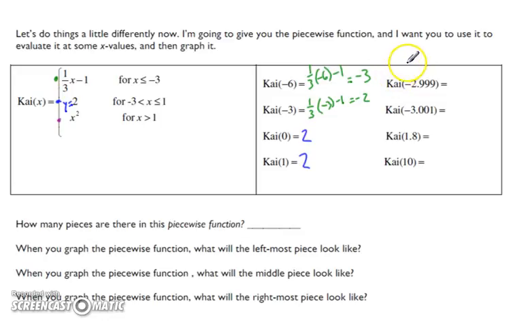If I plug in -2.9999, this is the tricky part, is that less than or greater than -3? It is greater than -3, so it actually falls in this blue section again. So if it falls in that blue section, I again just get 2.